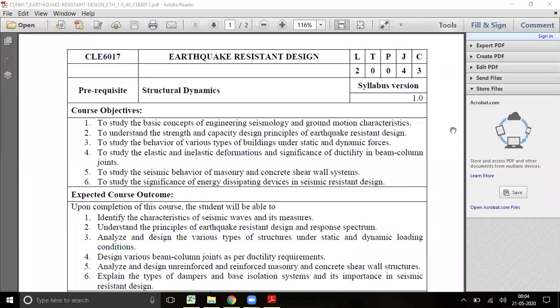Like your building structure may have the main structural components and non-structural components. The structural components are nothing but the main frame, like beams, slabs, columns, then the foundations. These are all the structural components, and the non-structural components are the partition walls, the infills.